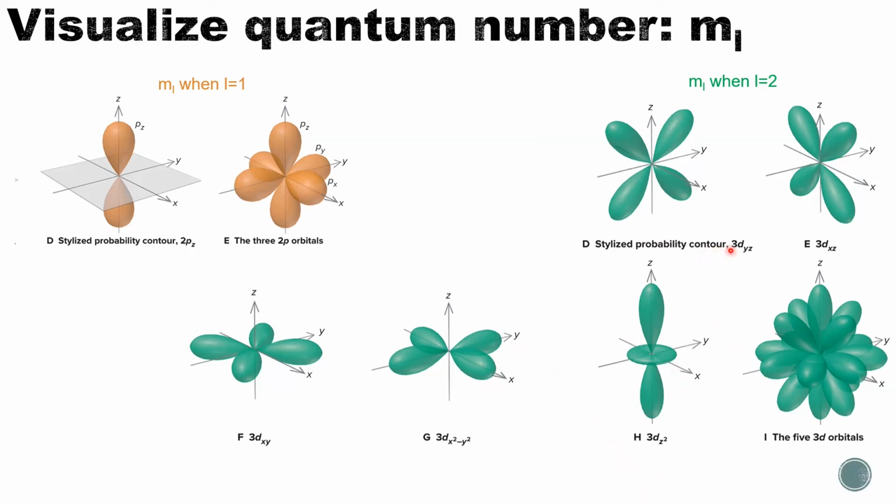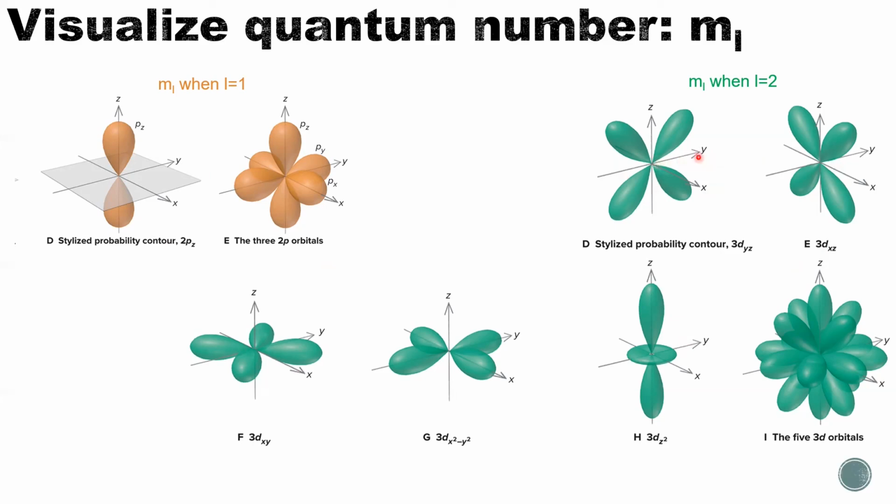So you can see the notation is 3d YZ, 3d XZ, 3d XY, 3d X squared minus Y squared, and 3d Z squared. This subscript of Y, Z, X, Y, and so on corresponds to the m sub L, and that corresponds to the different orientation of an electron orbital.